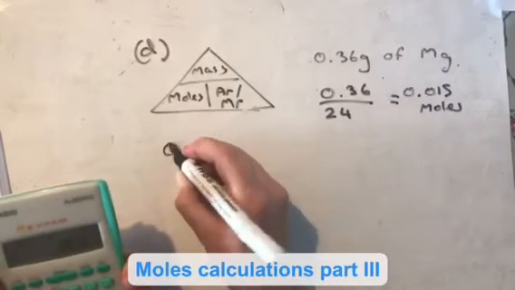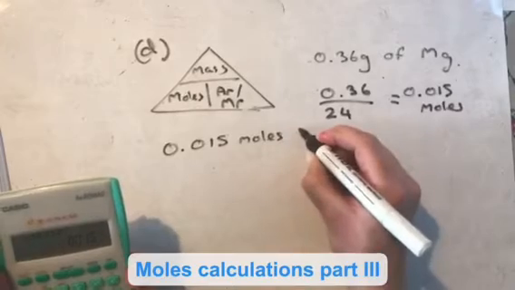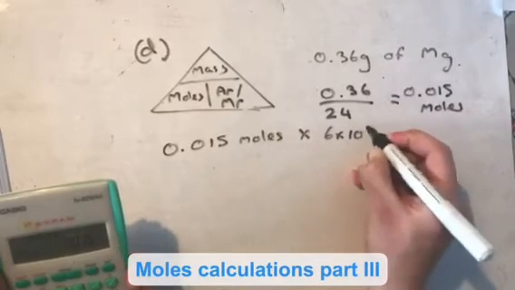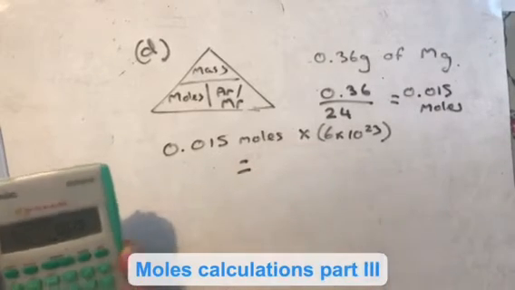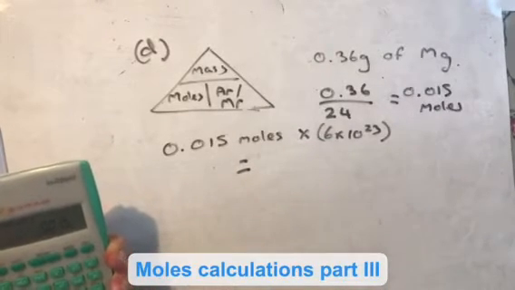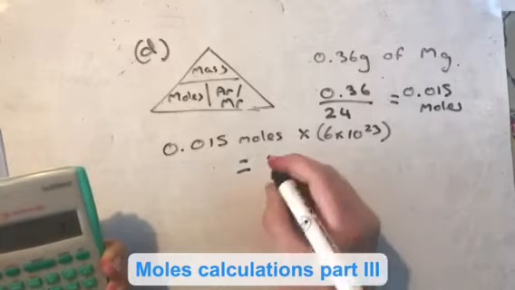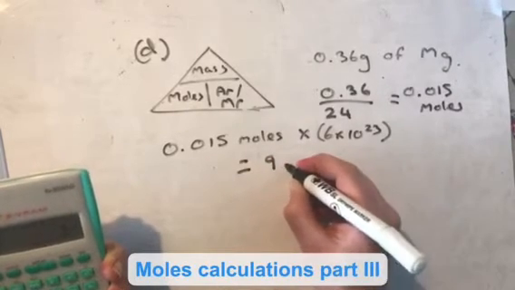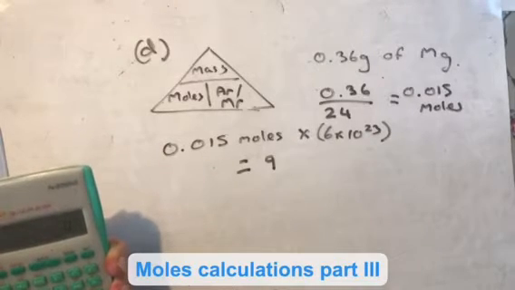So you have to take that 0.015 moles and multiply it by our special number, 6 by 10 to the 23, our Avogadro's number. That will always be on the front of your exam papers. So 0.015 by 6 exp 23. Let me do that again.